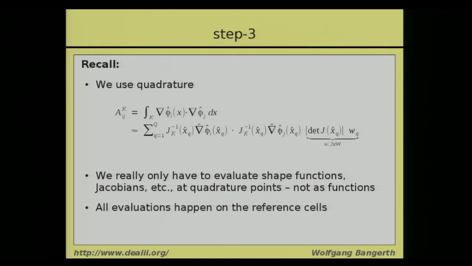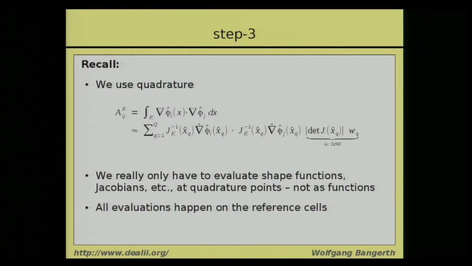So this is a piece of information that requires information from the finite element and from the quadrature formula. And then it needs to be able to provide us something like the inverse of the Jacobian matrix, this J to the minus 1. And that is something that requires the quadrature formula and an object that describes the mapping from the reference cell to the real cell.